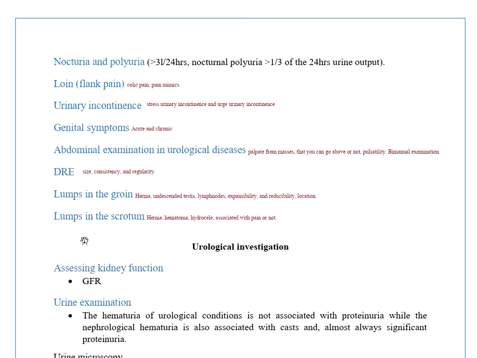There are also lumps in the scrotum, which may be a hernia, a hematoma, or a hydrocele, and some may be associated with pain, others not. So these are the symptoms, signs, and examinations that you need to be aware of.